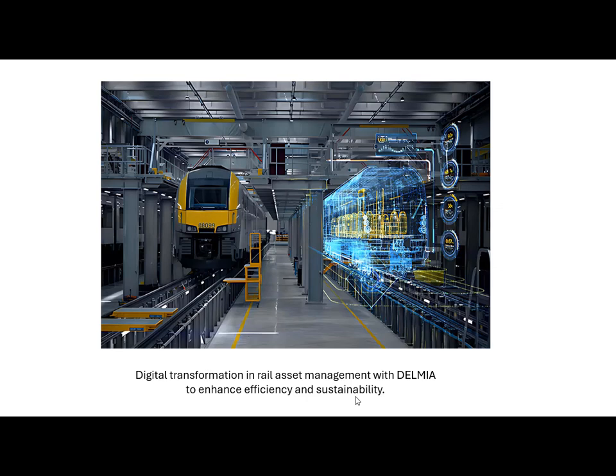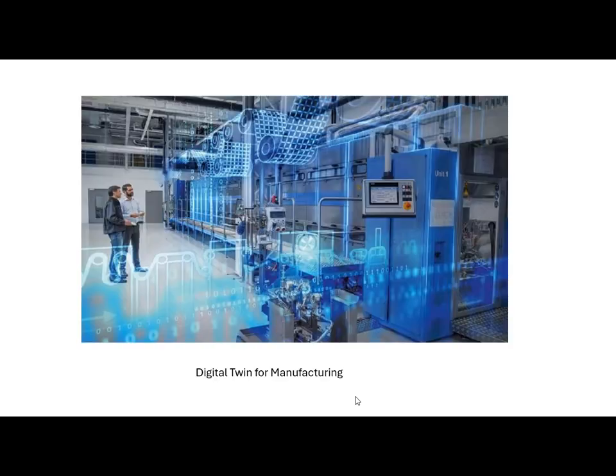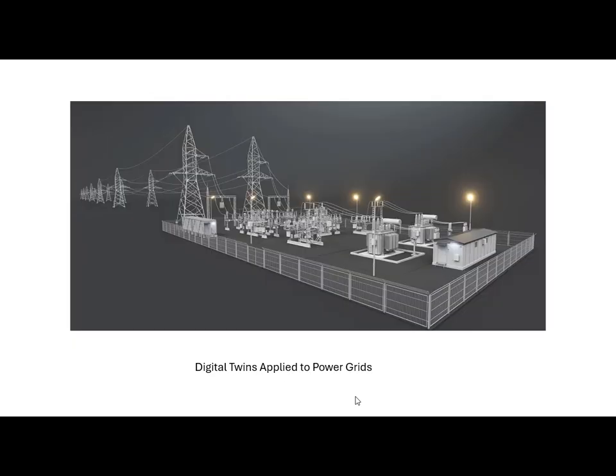And this is digital transformation in rail asset management with Delmia to enhance efficiency and sustainability. The integration of digital twins and BIM in construction projects, and this is digital twin for manufacturing and digital twins applied to power grids.